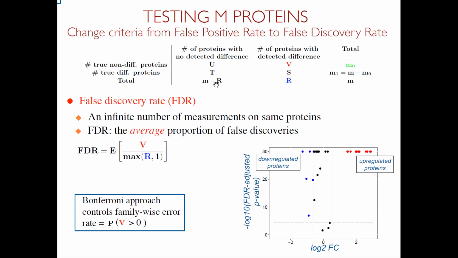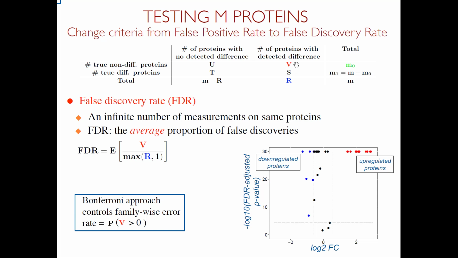But just like before, we can make a statistical argument to essentially, with some assumptions, characterize the average behavior of this table. And so keeping our probability of at least one false positive very small is the same as keeping the probability of V being anything but 0 very small.